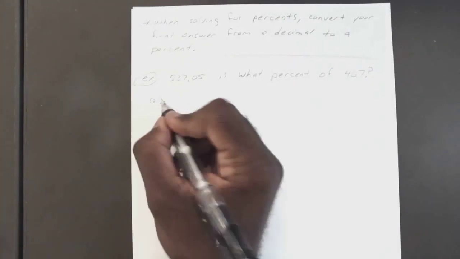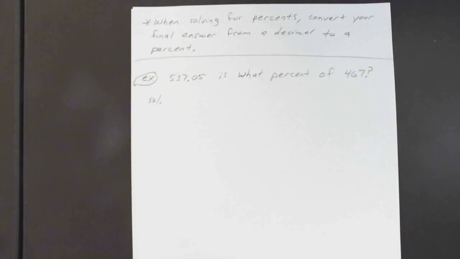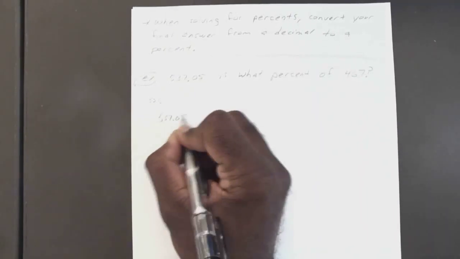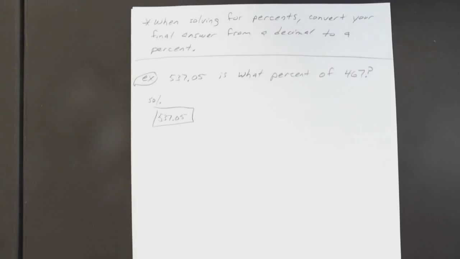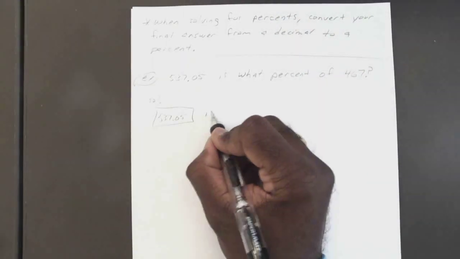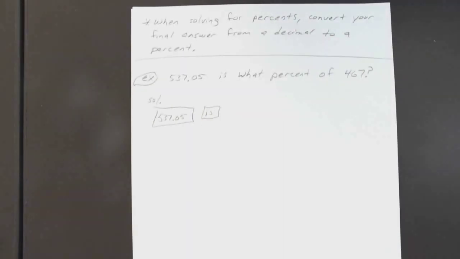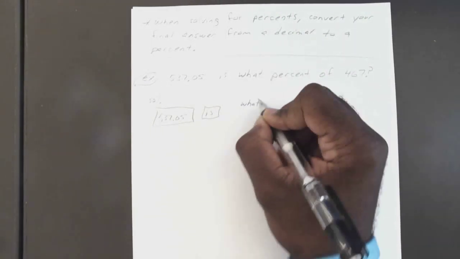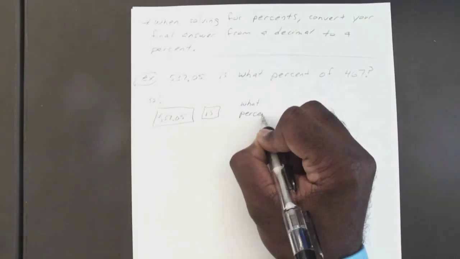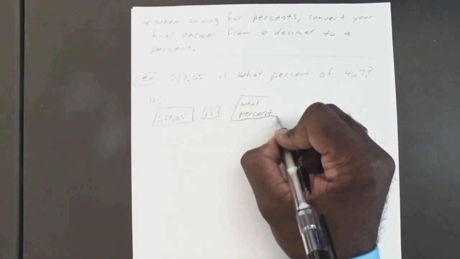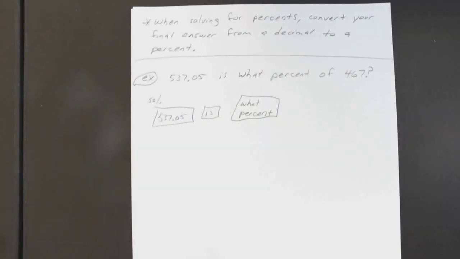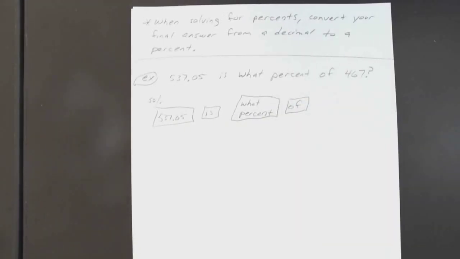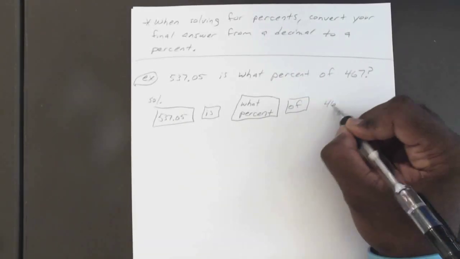So just like before, we're going to rewrite it the exact same way. So 537.05 is what percent of 467.